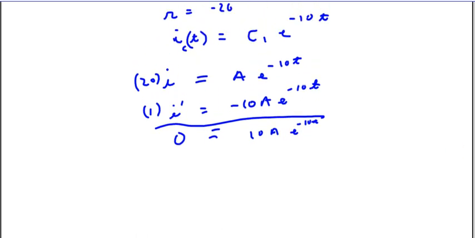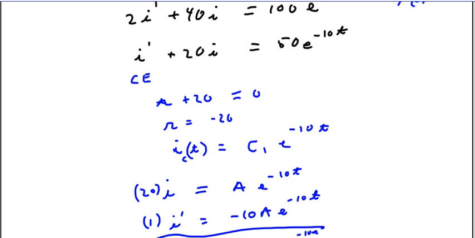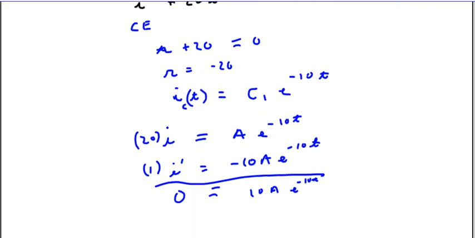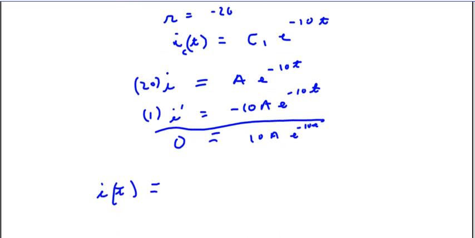Okay, so I'm going to put that back in my original equation. Where did my original equation go? Okay, so I of t is going to equal C1 e to the minus 10t plus 10A. That has to be, this isn't 0.